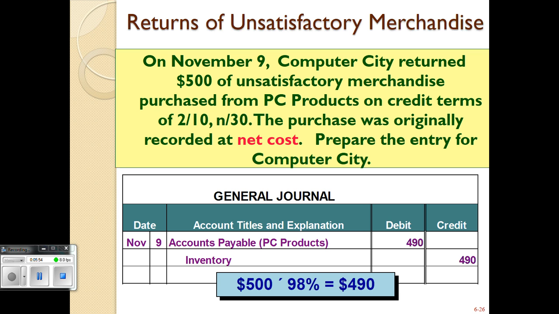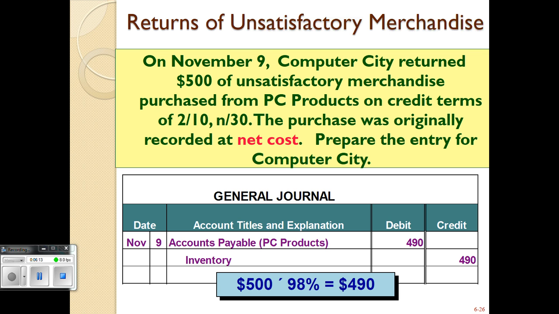Okay. When someone returns a good, I have to know if I'm doing it at net cost or gross cost. If the purchase was originally purchased at net cost, as it was in this particular case, I have to credit them at net cost for their returns.